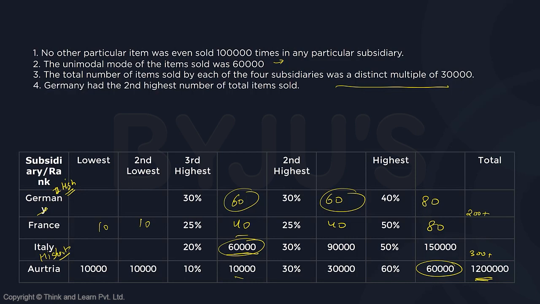So this also looks possible, right? So far I am getting two cases. This is fixed, this is for sure 60, 60, 80 only. But for France, I am getting two cases, either 30, 30, 60 or 40, 40, 80. Clear so far, I think?